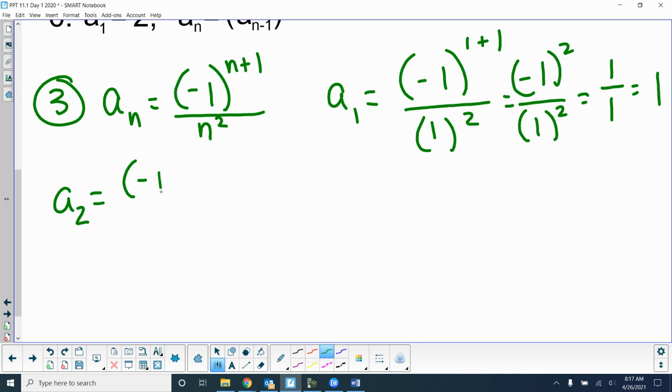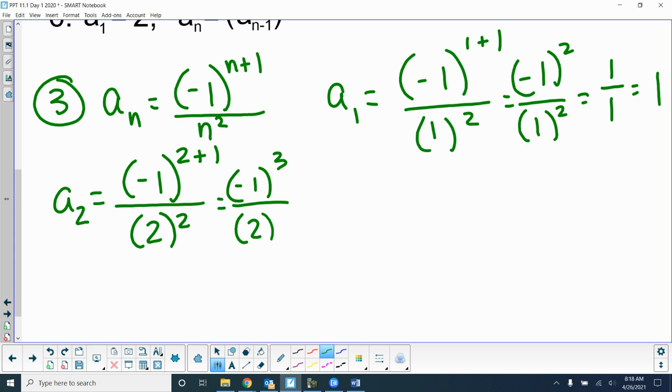Second term means n is 2. What's 2 plus 1? 3. -1 cubed is -1, and 2 squared is 4. Isn't that what you had? You had -1/4, didn't you? That one make sense, Eaton? Third term.